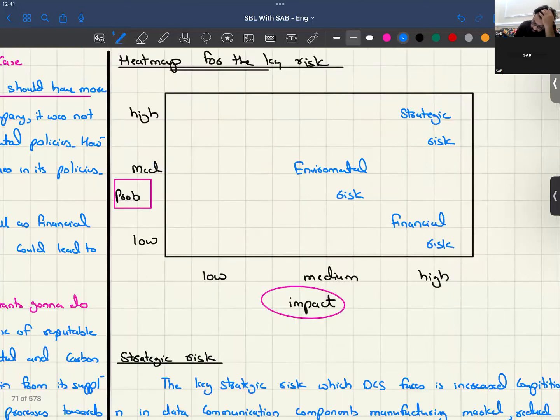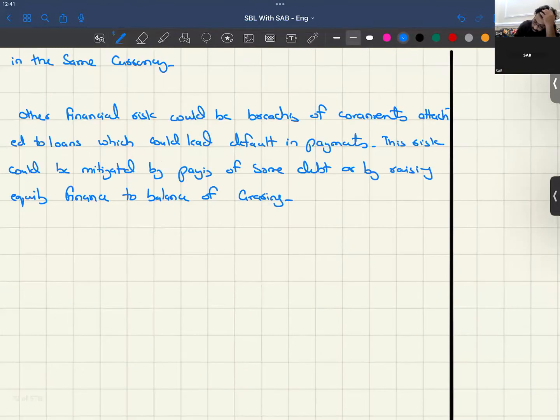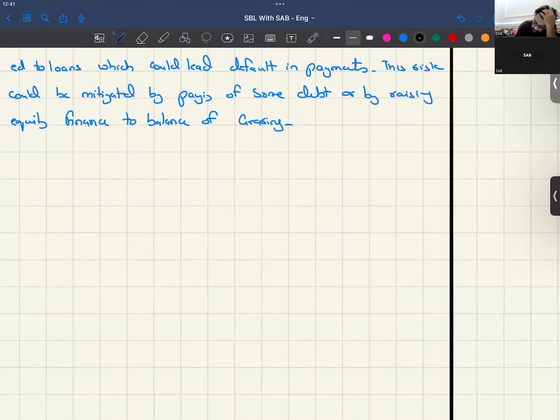So financial risk also defined. What's left now? Environmental risk. What's left now? Environmental risk.